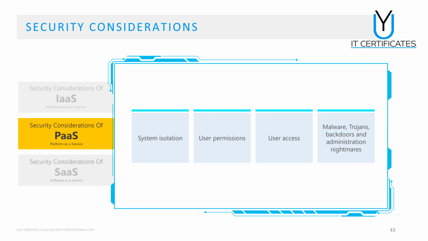Just imagine if this backdoor is not removed from the application and there is any hacker who is able to reach this backdoor. Then it will create a nightmare for the security administrator, because this means that the hacker will have control over the application.